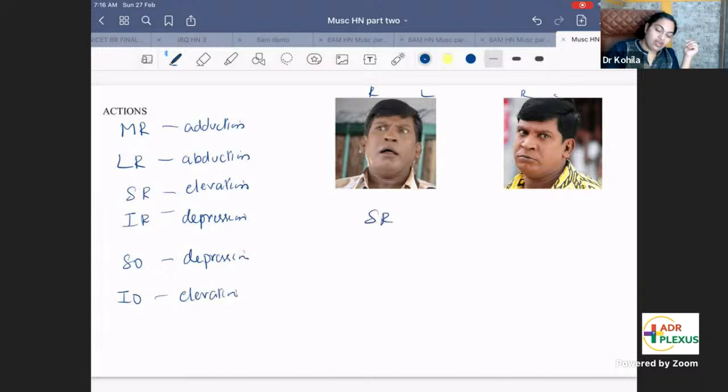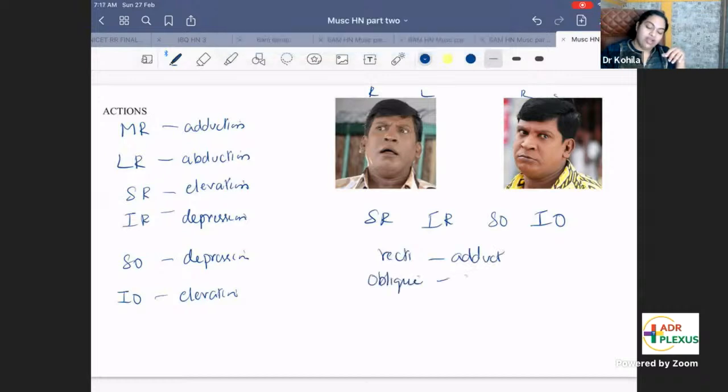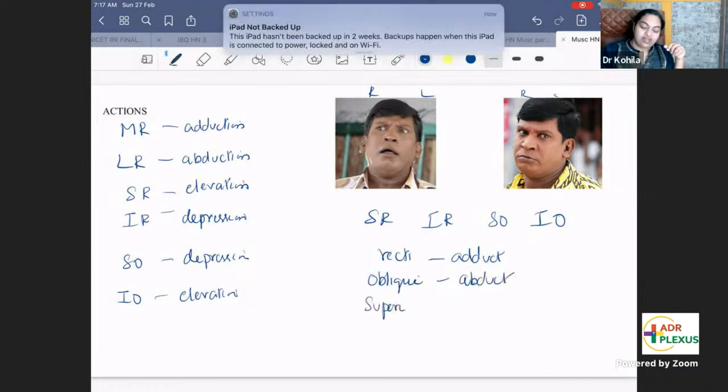Another thing, superior rectus, inferior rectus, superior oblique and inferior oblique. The point that you should remember is recti will adduct. Obliques will abduct. Superiors intort.